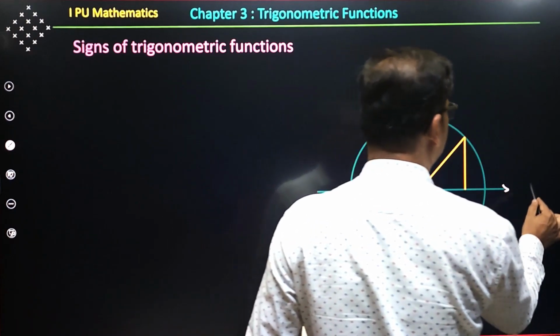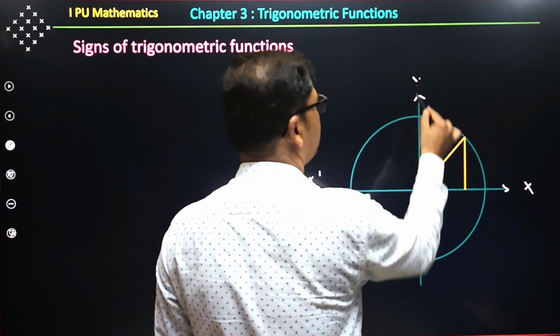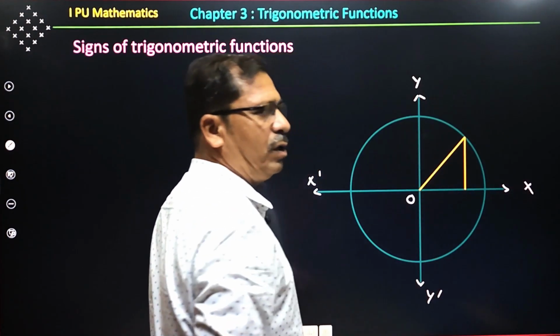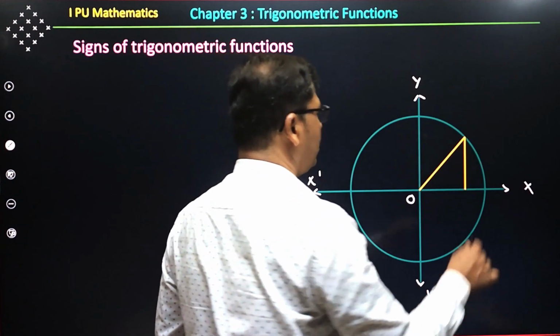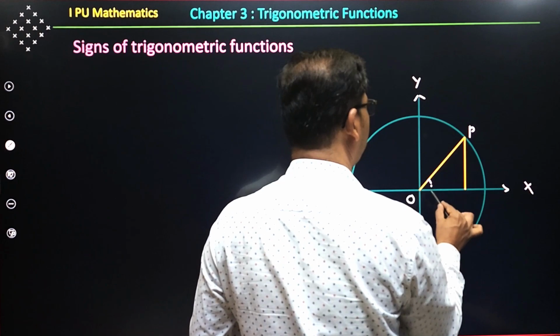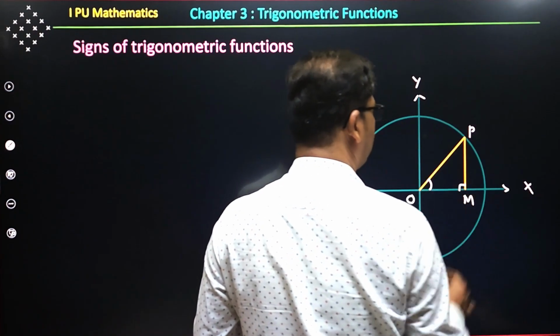Now let me take this as the x-axis and this as your y-axis. This is the origin, and this is a circle, and P is a point on the circle. I have joined OP, and PM is drawn perpendicular to the x-axis.